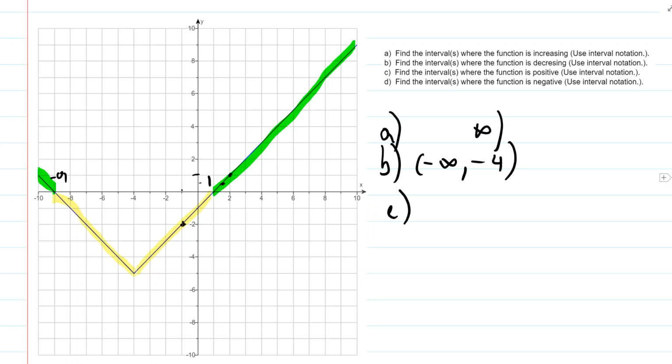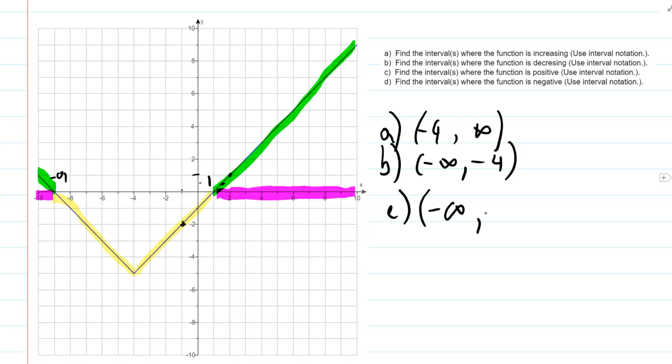So the answer, the intervals where the function is positive, is basically this interval and then this interval. It's the x that we are reporting. So this interval, even though it says -10 in here, we can imagine that it goes all the way to -infinity.